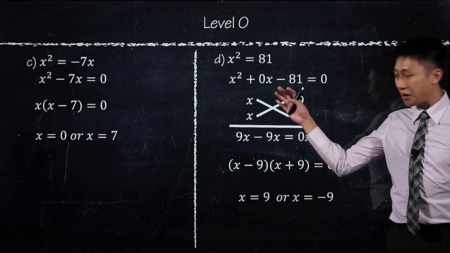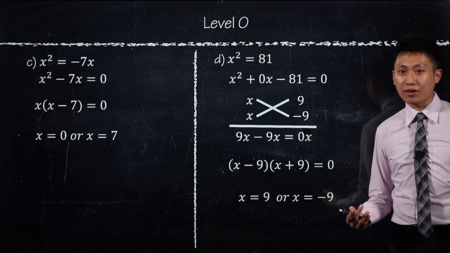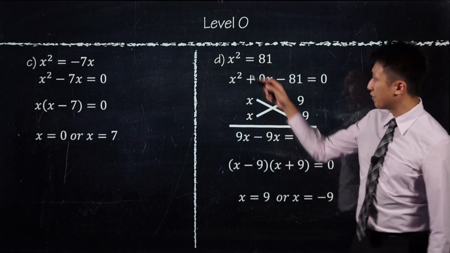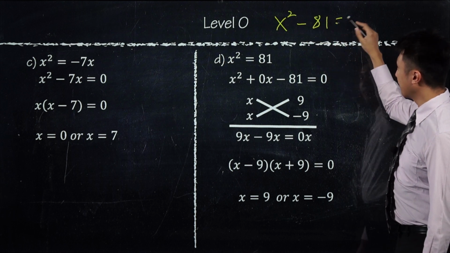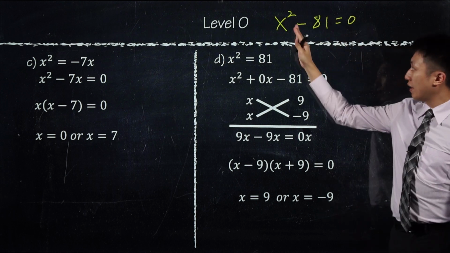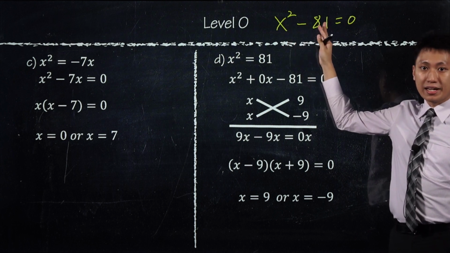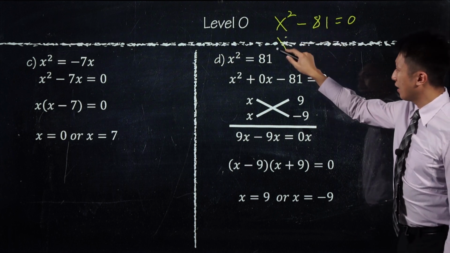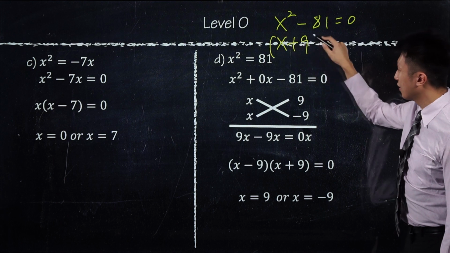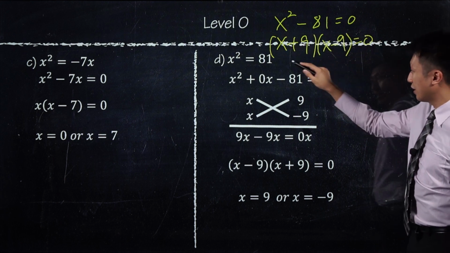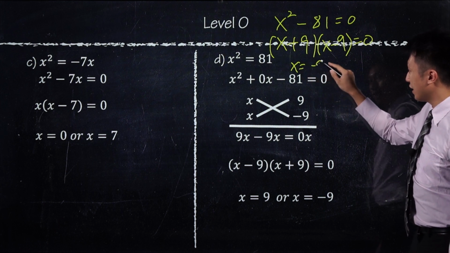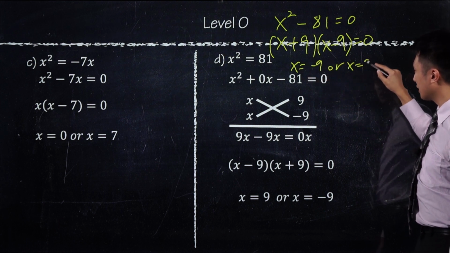If I were you, I wouldn't use this one, because I just taught you something, right? You view this one as something squared minus this one as something squared. Then A squared minus B squared is equal to (A plus B)(A minus B) equal to 0. So x is equal to -9 or x equals +9.